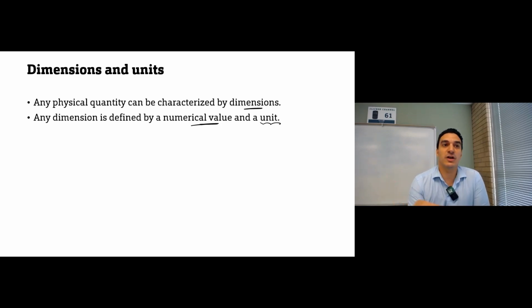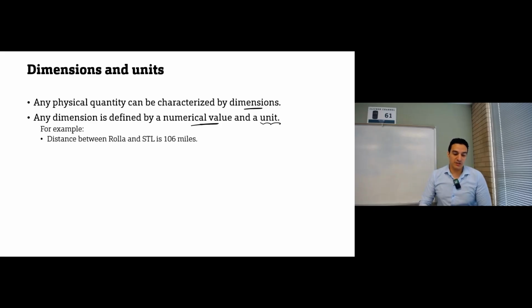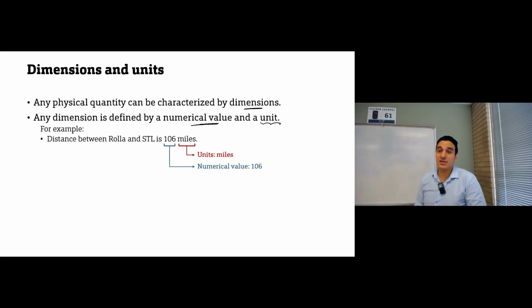Make sure that in your exam, in any course, when you put a number, you state what the units of this number are. For example, if the distance between here in Rolla and St. Louis is 106 miles, then miles is the unit we have. You cannot ignore it. 106 is the numerical value of your quantity.